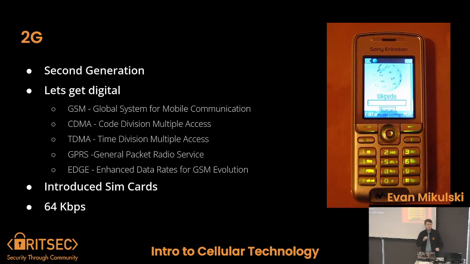It varied between carriers during this time, so no real definite answer from me at this current stance. But it allows you to, like on this Sony Ericsson, access Wikipedia or the internet from your cell phone. This was revolutionary, because it's like, from this device in my pocket, I can access the internet.